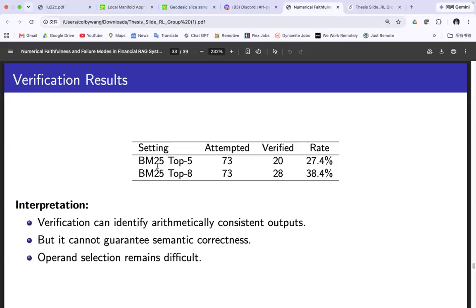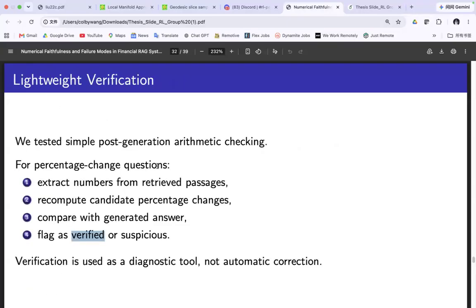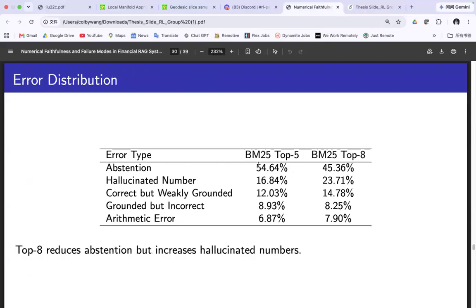So, do abstention failures also have false positives? Like, let's say the LLM was correct to abstain because the answer was not grounded. Yes, for abstention, sometimes it's a false positive, because sometimes we find that the evidence actually appears in the document, but the model somehow did not retrieve it.